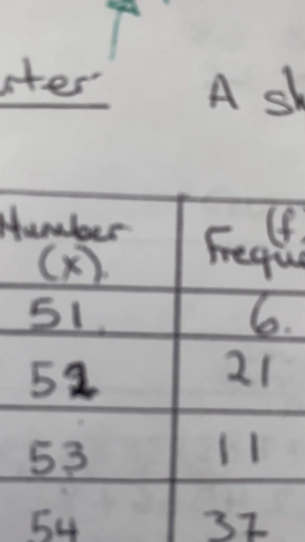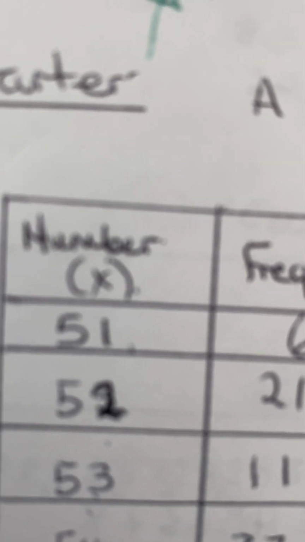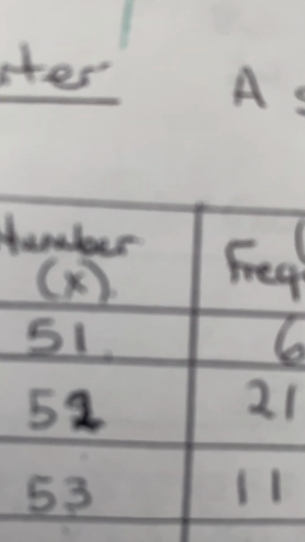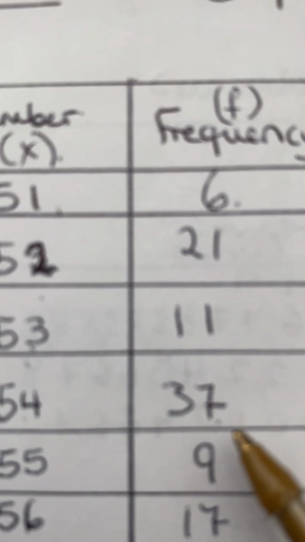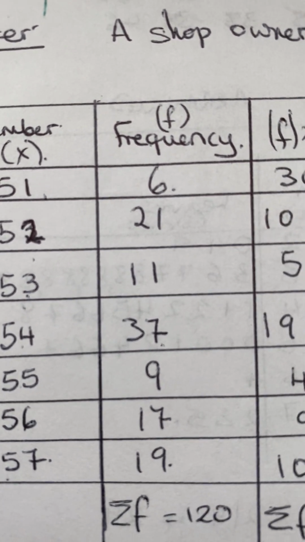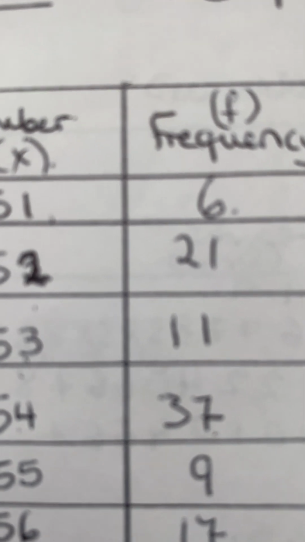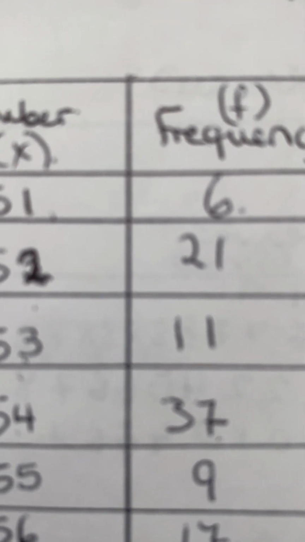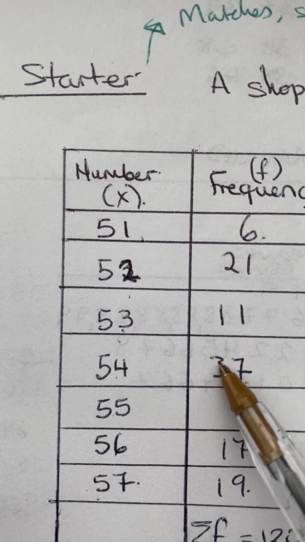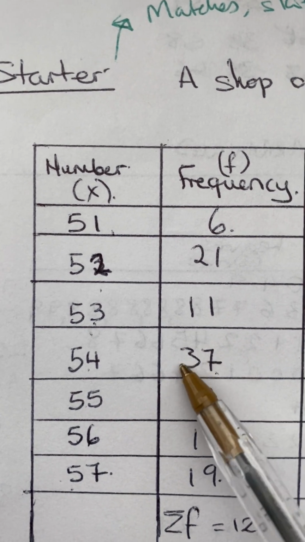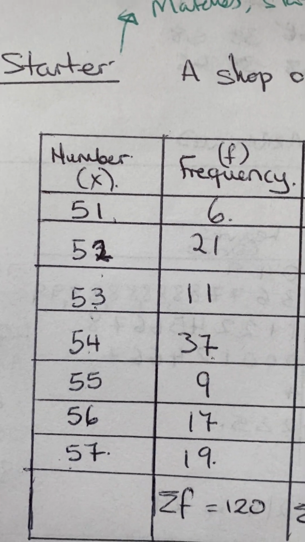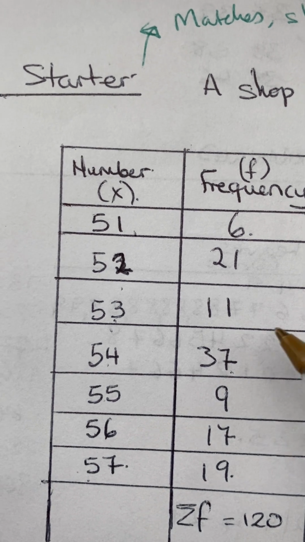So 27 add 11 will give you 38. And then the next one is 37. So when you add 37 to 38, you get 75. So you can easily say that this is the median group because the 60th skittle will be in this group.